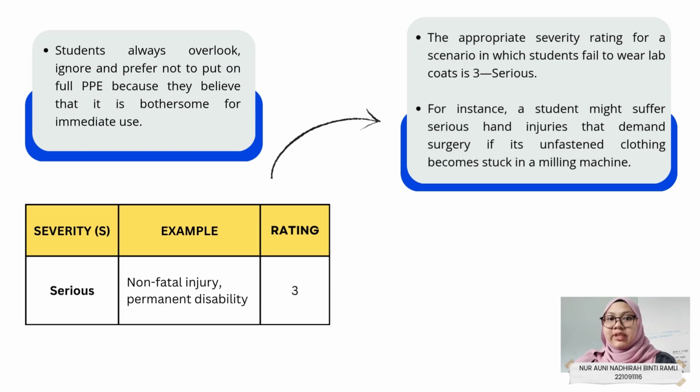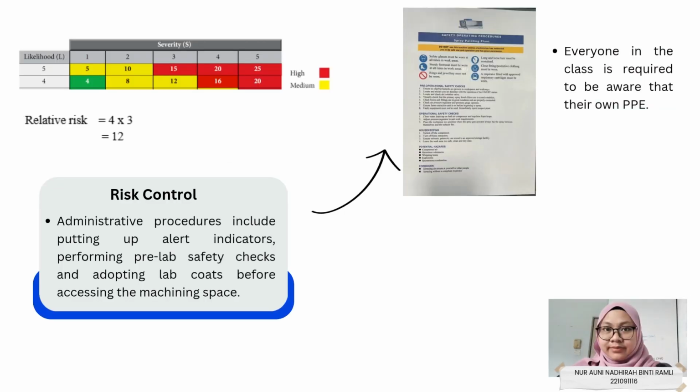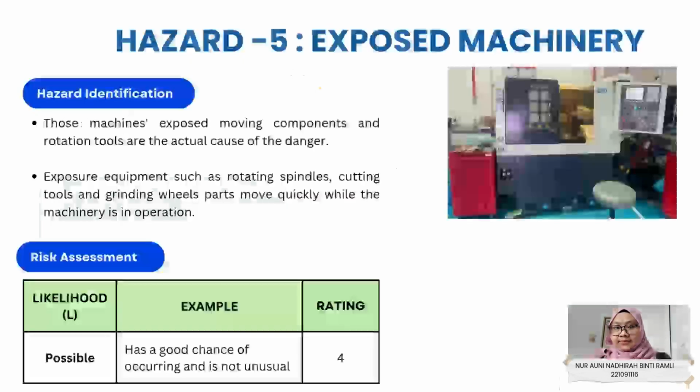The severity for this hazard is serious, with a rating of 3. For example, a student might suffer serious hand injuries that demand surgery if clothing comes loose and becomes stuck in a milling machine. The relative risk of unused PPE is medium. For risk control, administrative procedures include performing pre-lab safety checks before accessing the machining space.